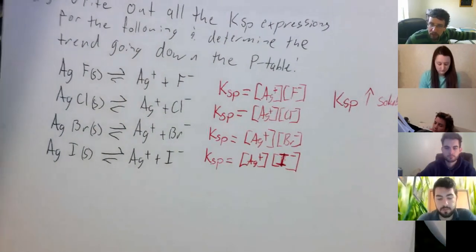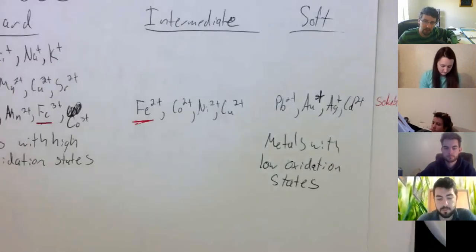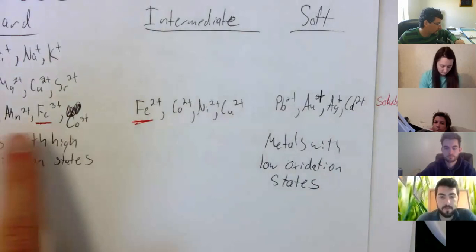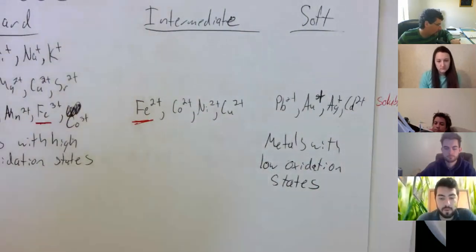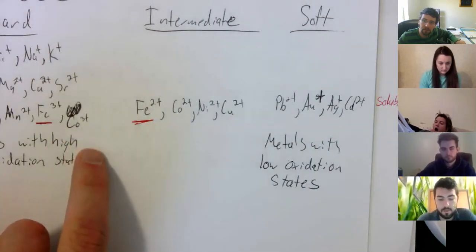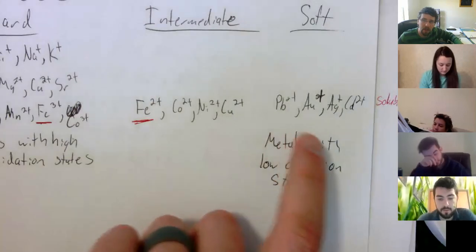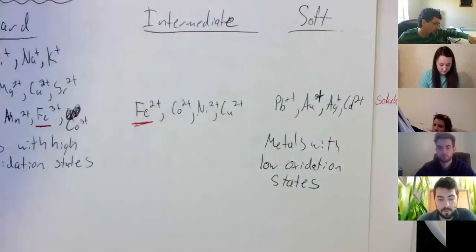And remember, try to go back and consider the hard and soft acids. First, where does silver plus lie? Is it hard, soft, or intermediate? It's going to be soft. Ag plus is soft.